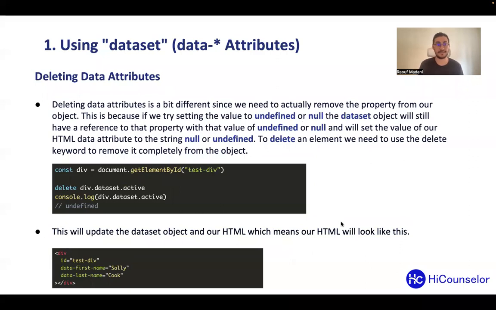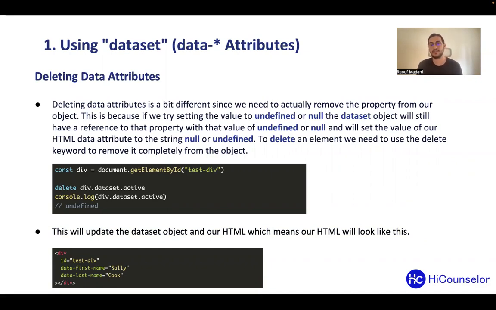So let's move to the next title, which is deleting data attributes. Deleting data attributes is a bit different, since we need to actually remove the property from our object. This is because if we try setting the value to undefined or null, the dataset object will still have a reference to that property with a value of undefined or null, and will set the value of our HTML data attribute to the string null or undefined.